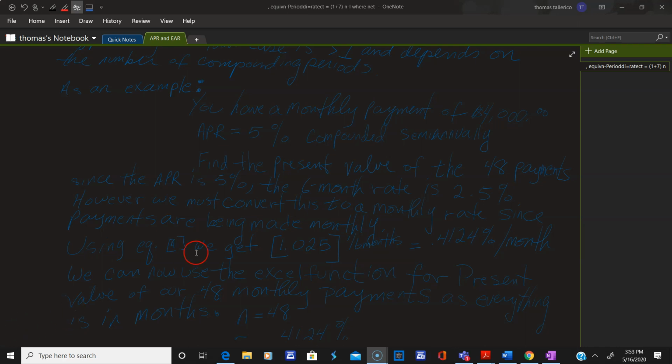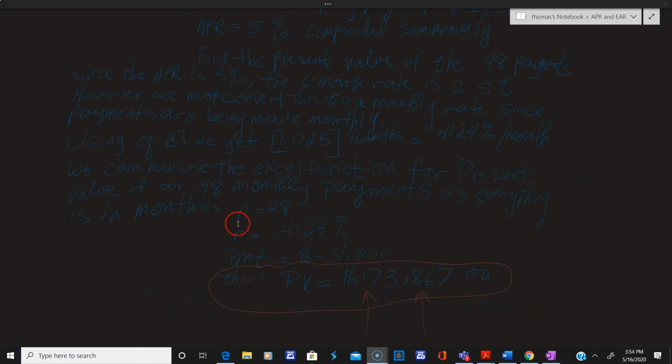So we can pop numbers now into Microsoft Excel, and we can come up with that. So in Excel, I put N is 48 months, right? The rate is 0.4124%.